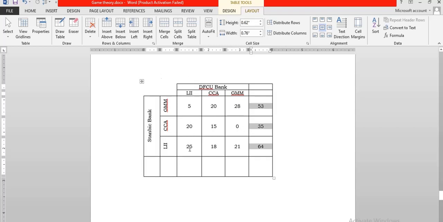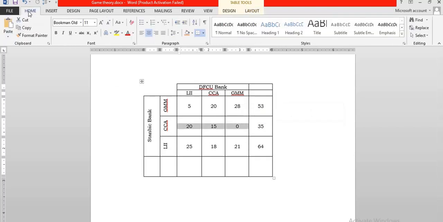If you look at 25 and 20, 25 is bigger. 18 and 15, 18 is bigger. 21 and 0, 21 is bigger, which means this strategy of L11 is dominant to this particular strategy, and therefore we shall strike through that particular strategy because it does not add value.